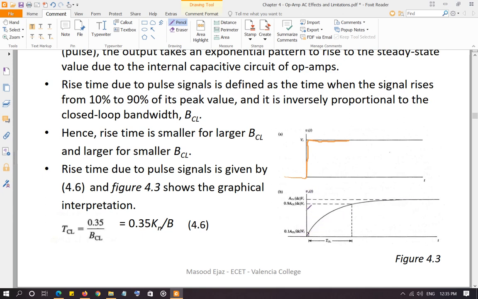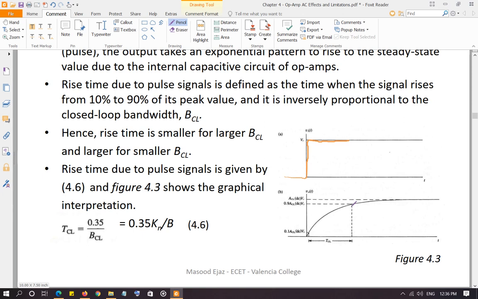And this is the output they're showing. Sorry, I said this is the gain that's shown. It is the output that's showing, because they're multiplying the gain times the input. So due to the closed loop bandwidth, the rise time is defined as the time it is going to take for the output waveform to go from 10% of its value to 90% of its value.